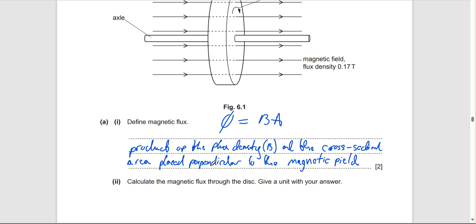Like that, and that's your answer. Product of the flux density B and the cross-sectional area placed perpendicular to the direction of the magnetic field.